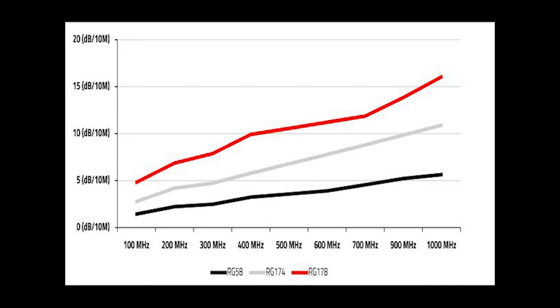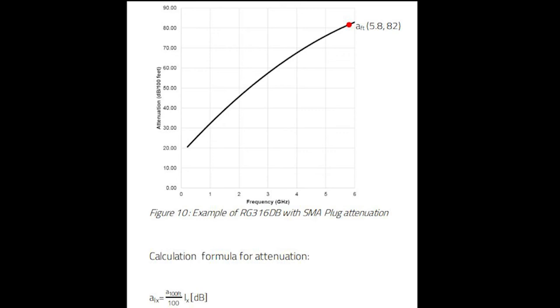However, we need to consider the other characteristics, such as cable thickness, flexibility, and the weight. RG178 could be the ideal option based on its covering the frequency range up to 3 GHz. However, its higher attenuation performance is related to its thickness, and the advantage of its weight and the FEP cable jacket. On the Worth Electronic datasheet, we provide typical cable attenuation graphs to let the user easily calculate attenuation at different cable lengths.